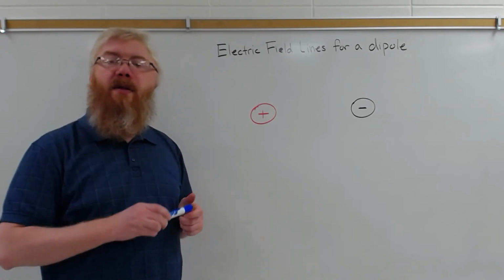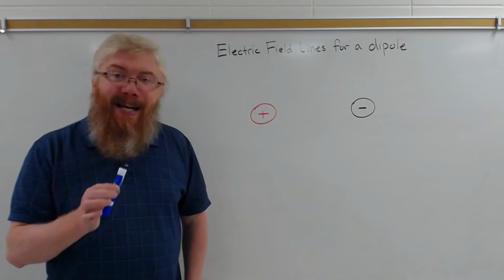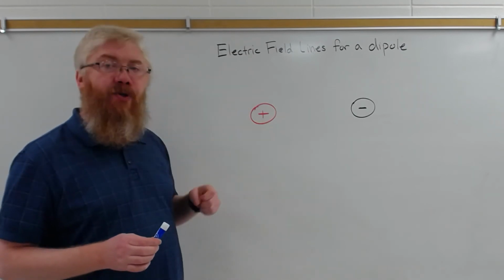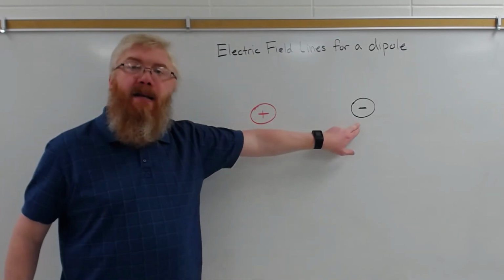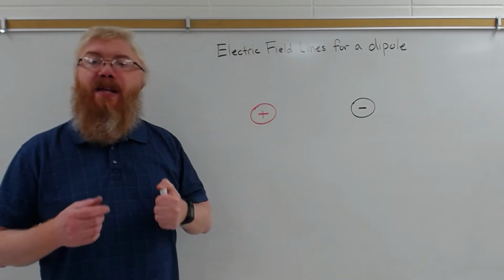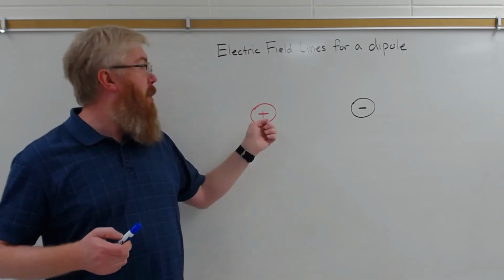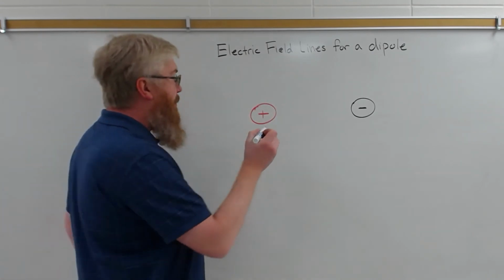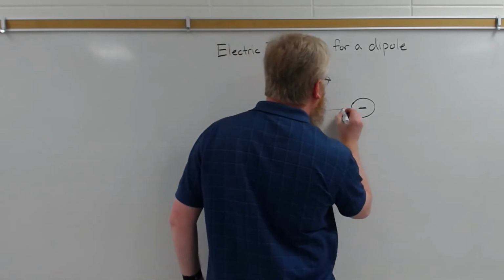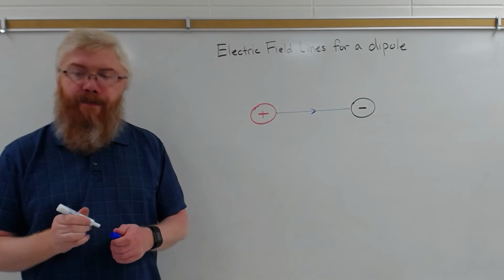I'm going to draw the electric field in blue. Now the electric field must originate at positive charges. They must terminate at negative charges. And they must give the direction of the electric field around these 2 objects. So for the first electric field line, I'm just going to draw a straight line connecting the positive and negative charge.